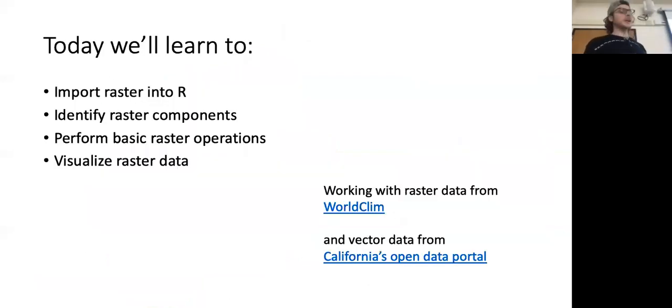So the main goals today are to learn how to import a raster into R, identify these different raster components that we just talked about, perform some basic raster operations, and then visualize some of these data. We're going to be using some data from WorldClim, which Robert Hijmans in Ecology and Evolution, Geography, something like that, helped develop, as well as California's Open Data Portal to get a California shapefile, which we'll need to work with.